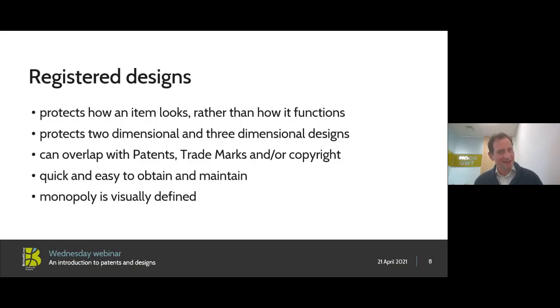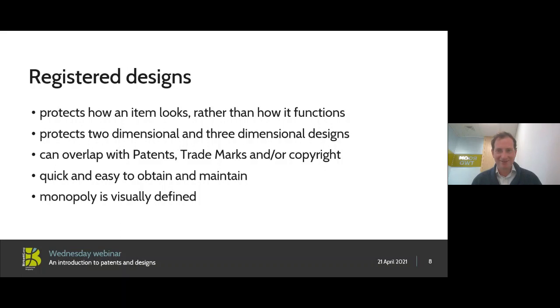As I say, there can be some overlap with the technical features protected by a patent, but also we can have, for example, a decoration or a pattern which also acts as a trademark as well, and I'll show you one of those in a minute. Or it can also have copyright in the design as well, so it started off life as an artistic work, and then it became mass-produced.